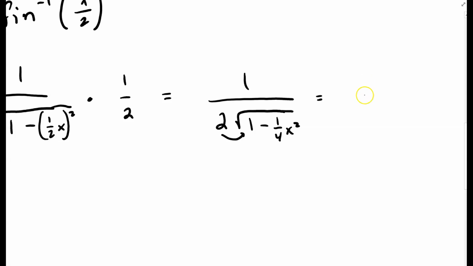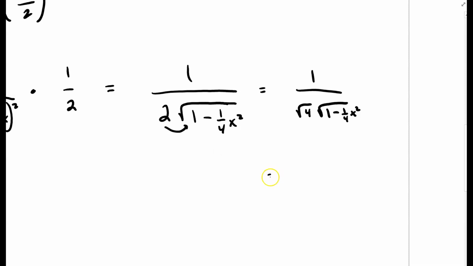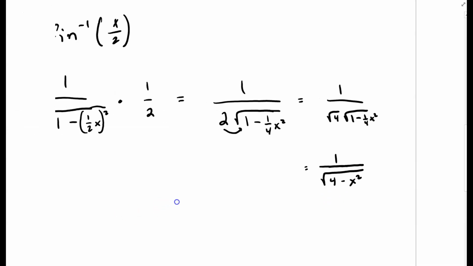And in order to be able to multiply them, I'm going to change that 2 to be a square root of 4, because I can multiply square roots and just distribute that 4. So I have 1 over the square root of, 4 times 1 gives us 4, and 4 times negative 1/4 x squared is just x squared.